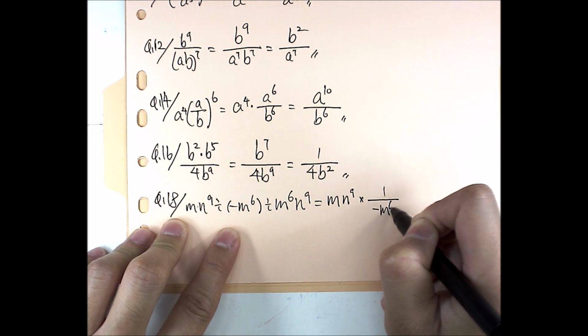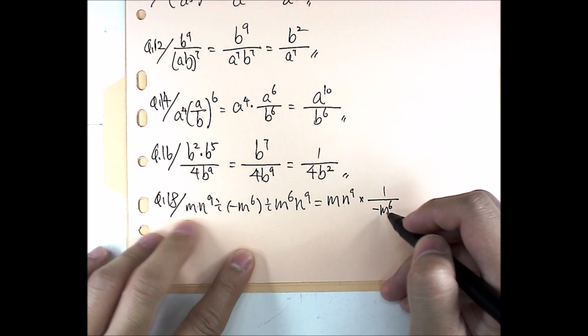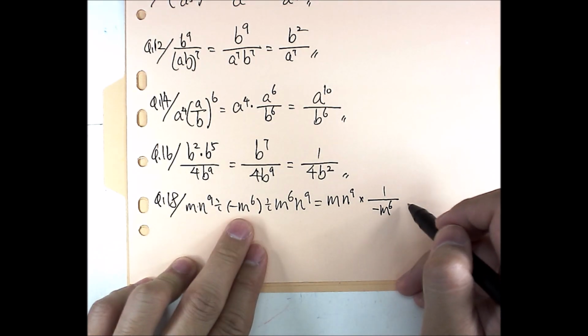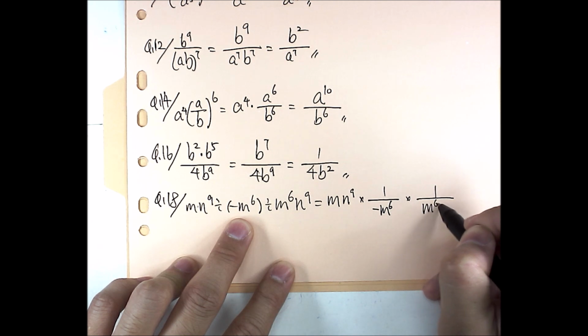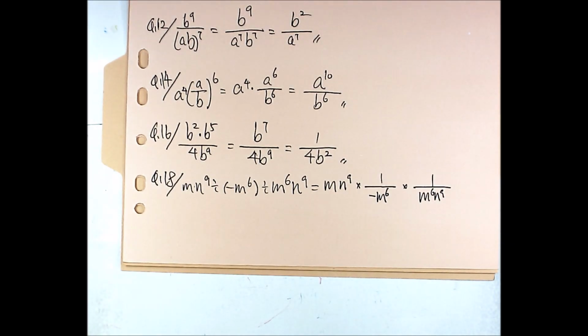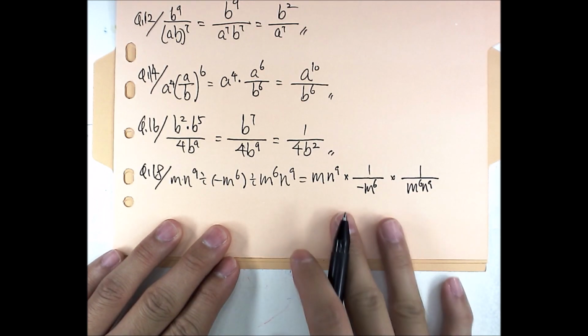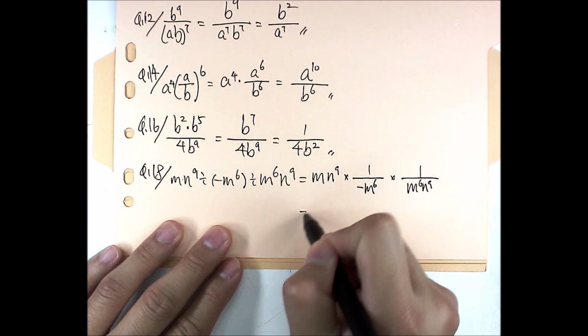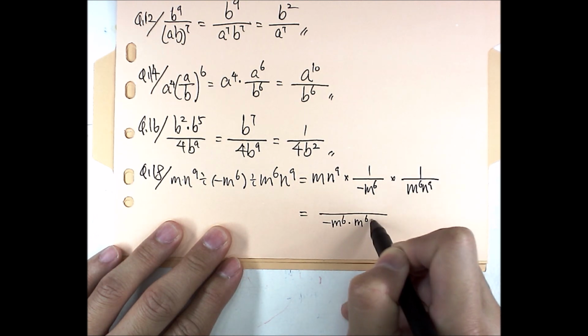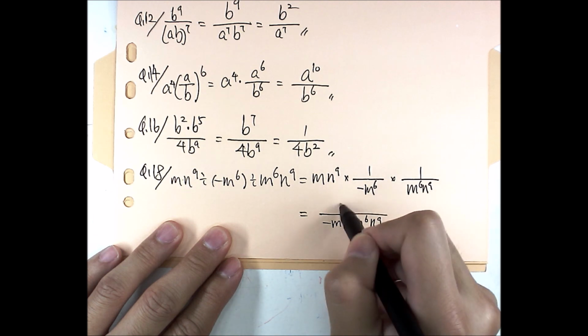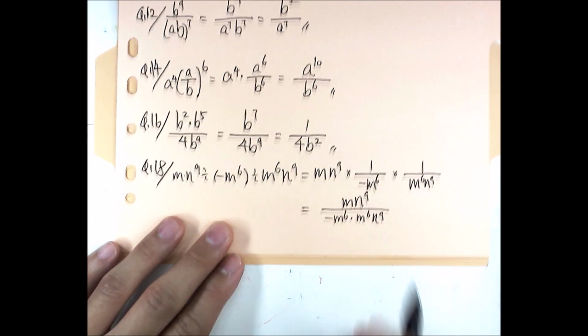You have no need to keep the bracket, and then times 1 over this. Understand? If you don't know how to calculate this, I recommend you do this. Like this, okay?